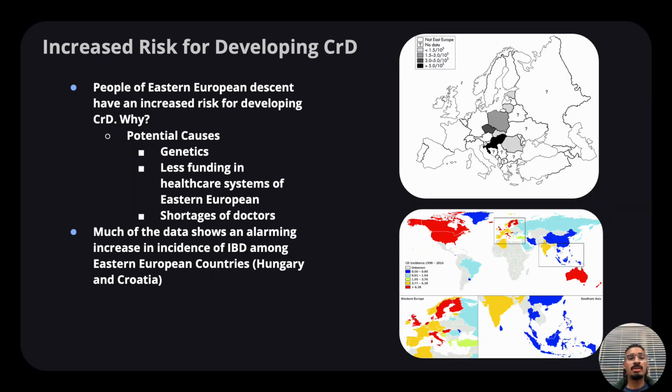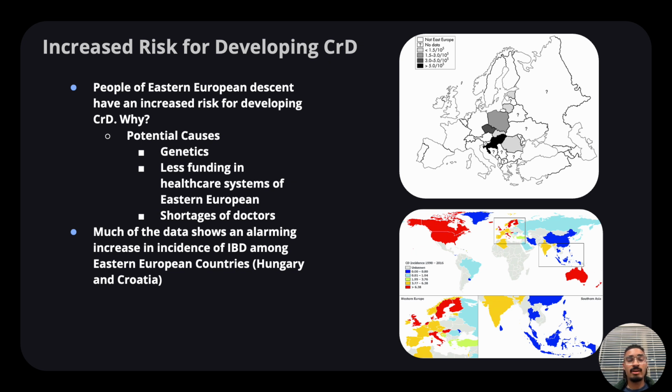As I said earlier, people of Eastern European descent have an increased risk for developing Crohn's disease. Why? Well, the exact cause isn't actually known, but it is thought to be highly genetic and related to less funding of healthcare systems within Eastern European countries such as Hungary and Croatia. And this decrease in funding of healthcare systems is actually causing many of the public healthcare systems to become private to allow for that funding to come back into those healthcare systems.